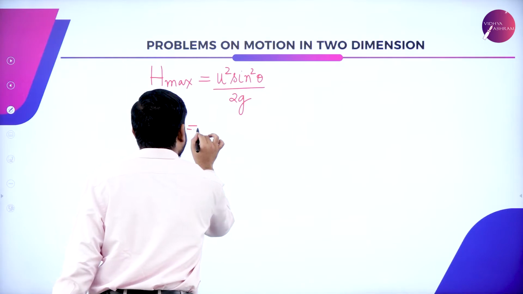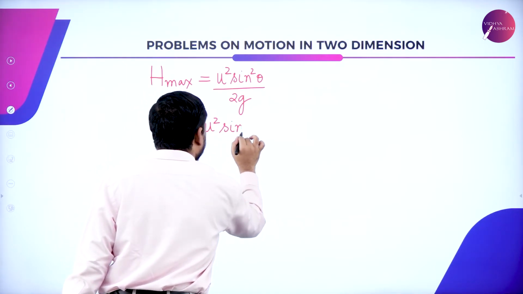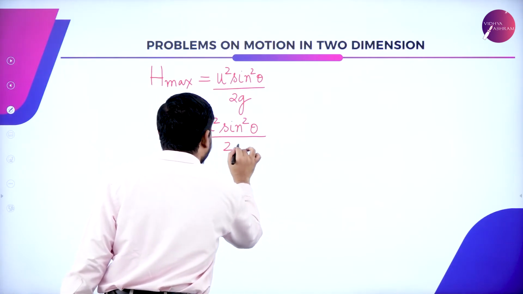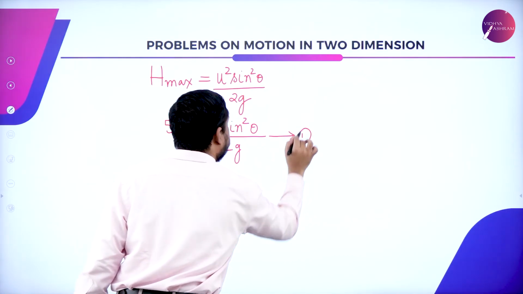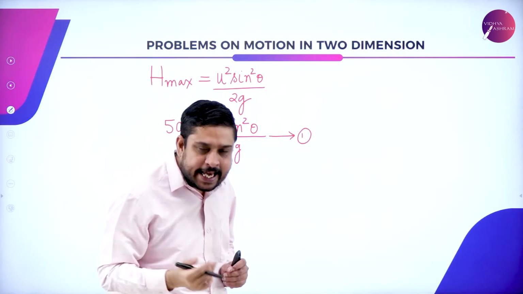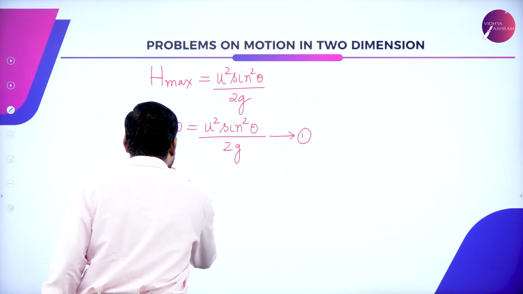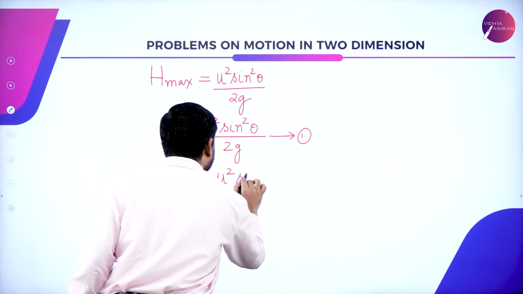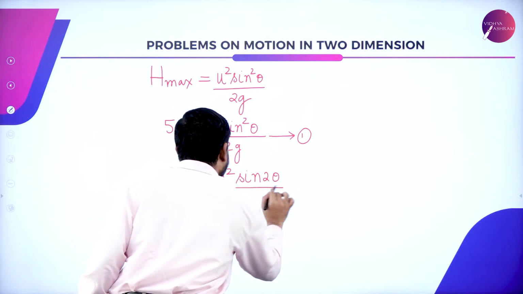So 50 equals u square sine square theta divided by 2g. I call this equation 1. And what is the expression for range? So R is u square sine 2 theta by g.